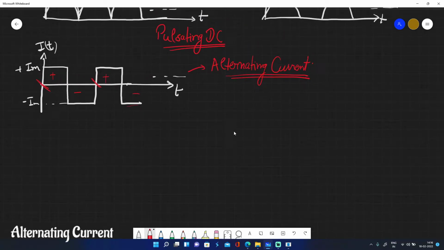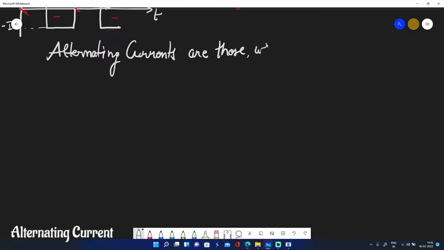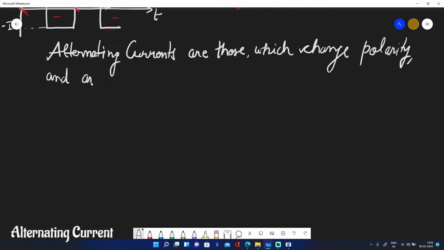Now you can also write what alternating currents are. You can now define what is AC, which was the question. So alternating currents are those which change polarity and are periodic in nature.